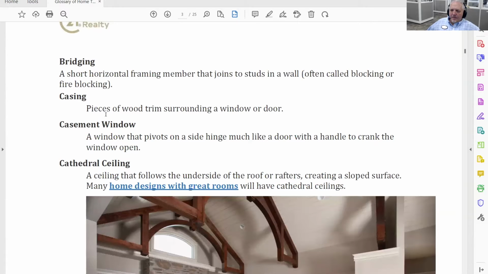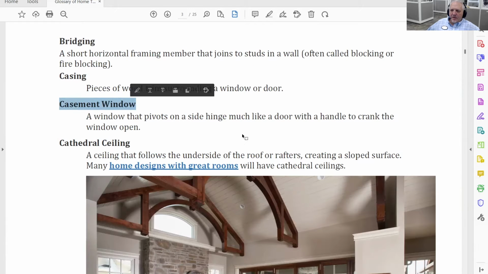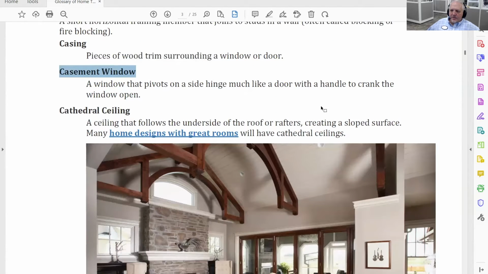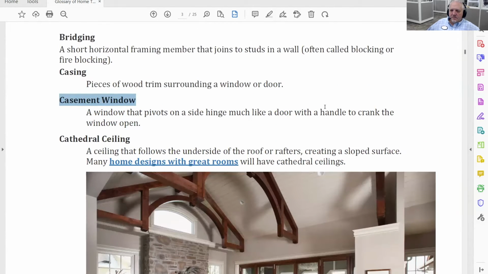Let's talk about casement windows. Do you know the difference between a casement window and a sash window? I wish I had a picture of it, but I don't. Casement windows are the ones that crank out and open like this. Exactly. Casement windows have the crank at the bottom.